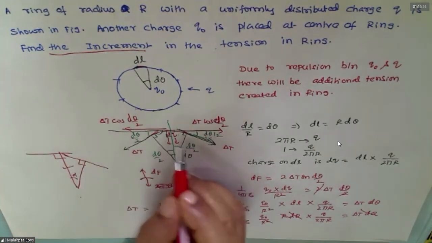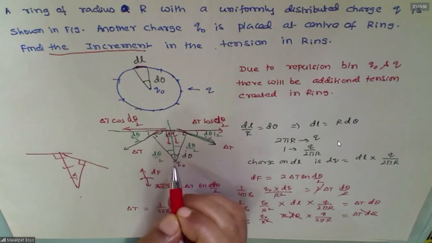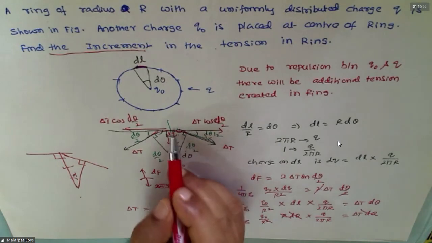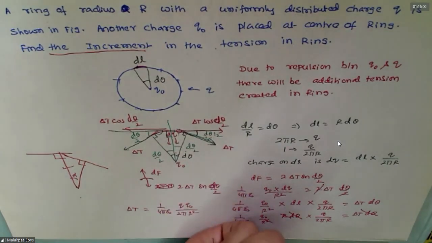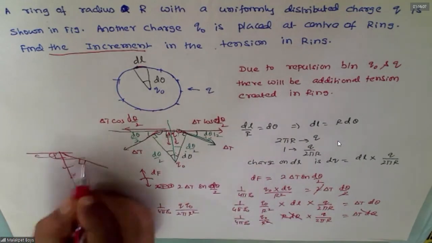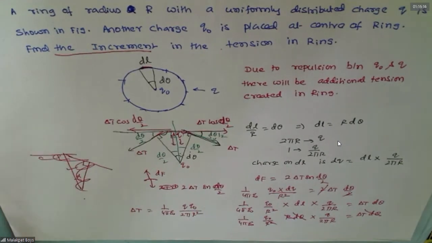In this quadrilateral, this and this are 180, so these two should be 180 now. So if this is some alpha, this angle will be 180 minus alpha. This is a straight line now. If this is alpha, what will be this angle? 180 minus, so 180 minus alpha. It will be alpha only, no? Yes, sir. Understood this? Yes, sir. Understood.